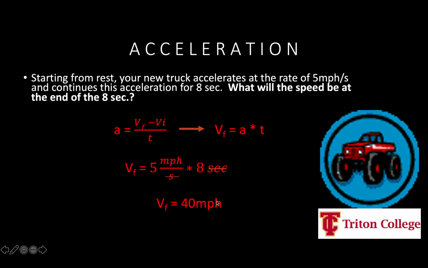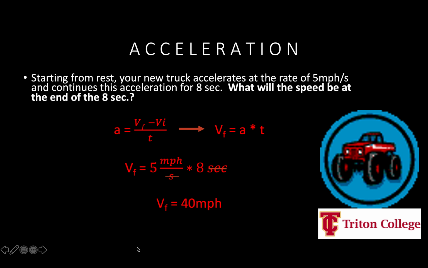And I can plug this back in. If I go at 40 miles per hour and subtract 0 and divide that by 8, I'm going to get an acceleration of 5 miles per hour per second. That means I started at 0 miles per hour and I accelerated at 5 miles per hour each second. So I'm plotting seconds.